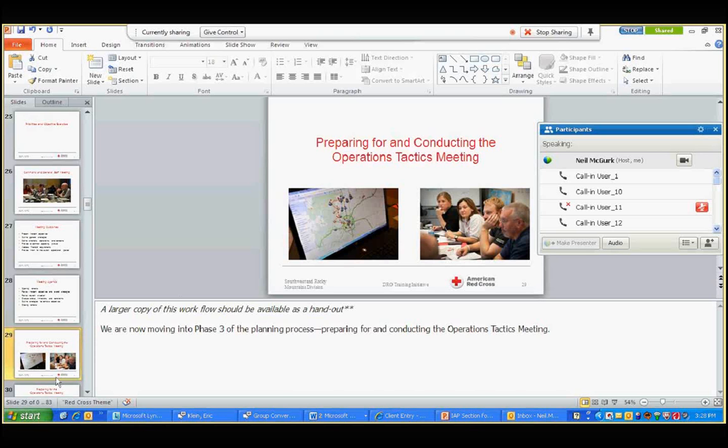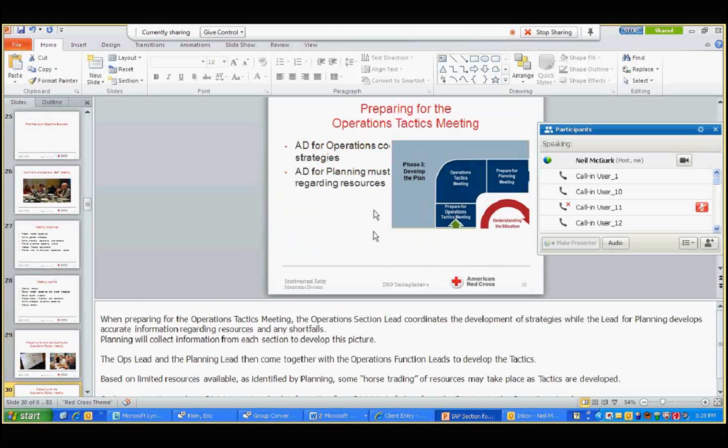So first thing is, and I got to reformat this slide a little bit, we're talking about preparing for the operations tactics meetings. This is, again, where you're talking about what the AD for operations is going to do. And again, this is a good opportunity. Anytime you have an opportunity to further reinforce that the command and general staff is just focusing on forward planning and high-level strategy, take that opportunity.